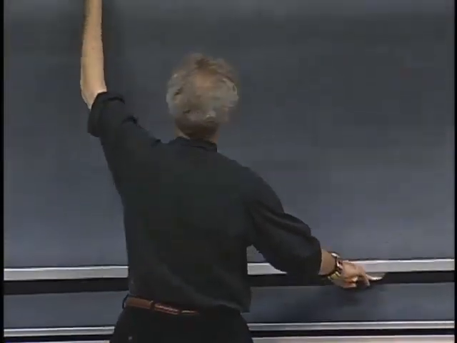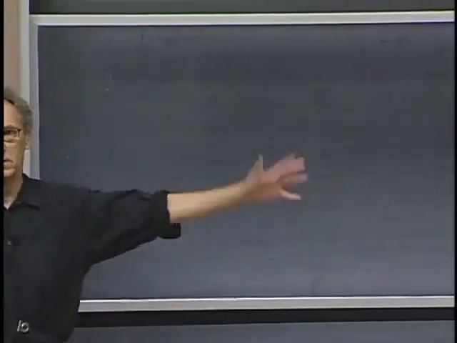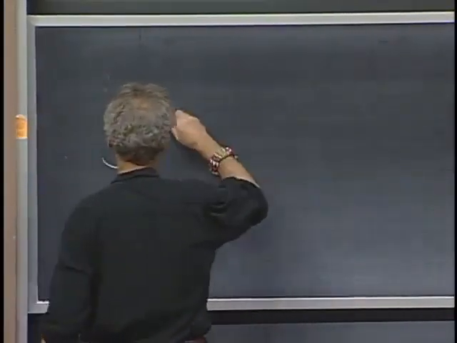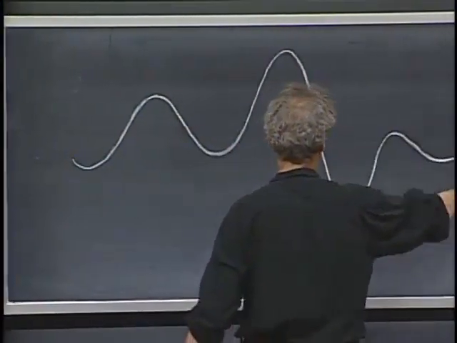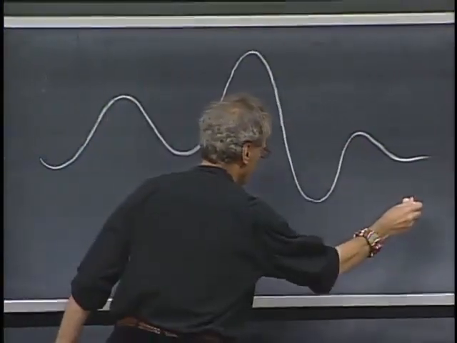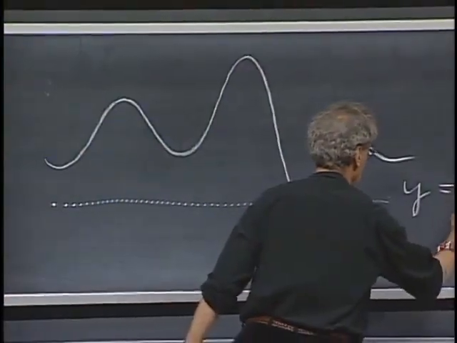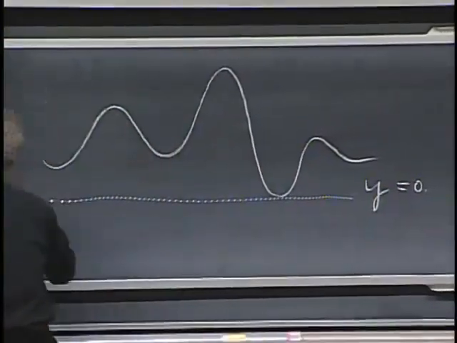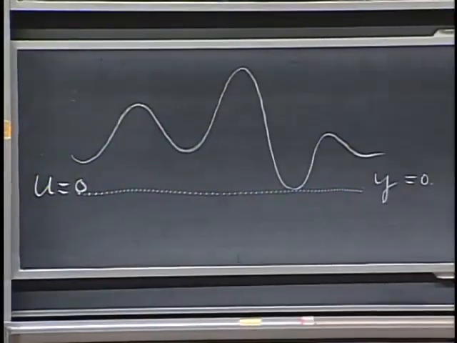Suppose I have a curved surface, literally a surface here in 26.100, which sort of looks like this. I call this arbitrarily y equals 0, and I could call this gravitational potential energy U equals 0 for that matter.